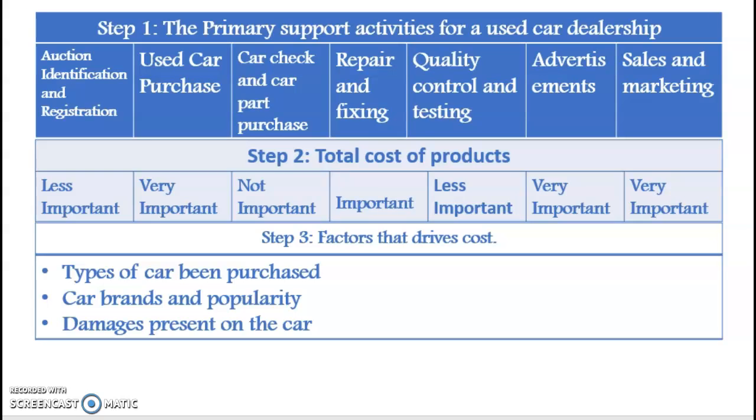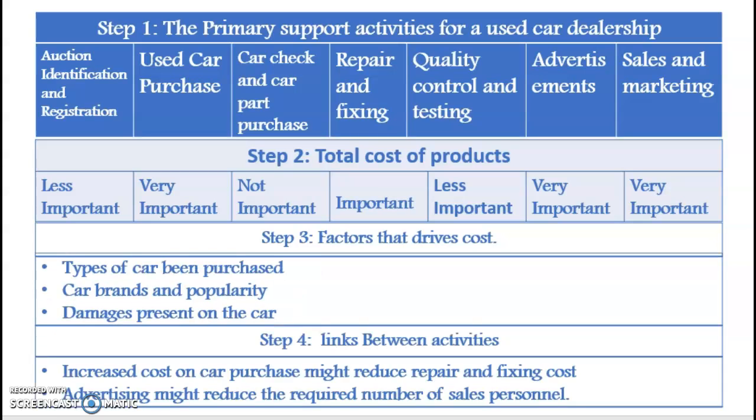Moving on to step 4, which is the link between activities that can affect the other activities. Those include increased cost on car purchase might reduce the body parts cost, and at the same time it might reduce the fixing and repair cost as well.